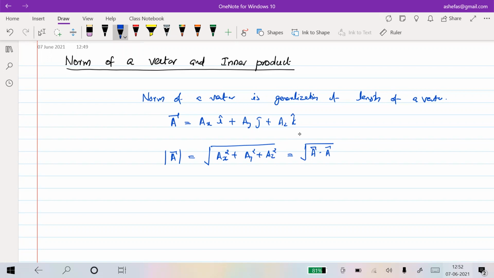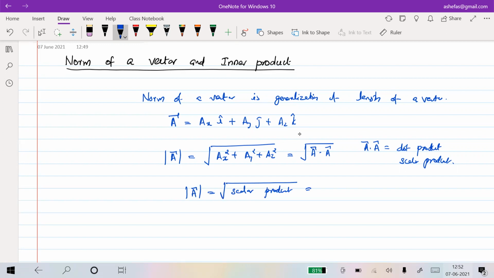So a dot a is nothing but the dot product, or scalar product. So the length of a vector is the square root of the scalar product.